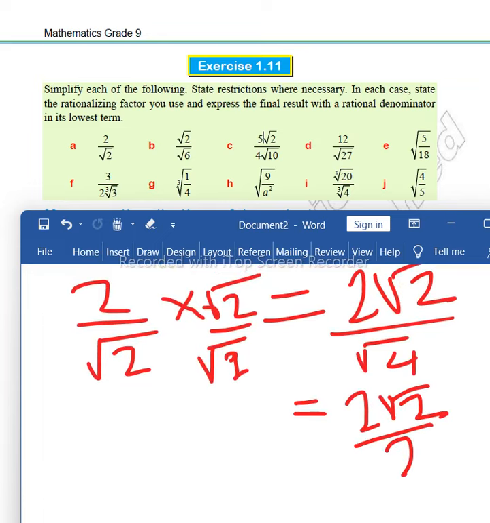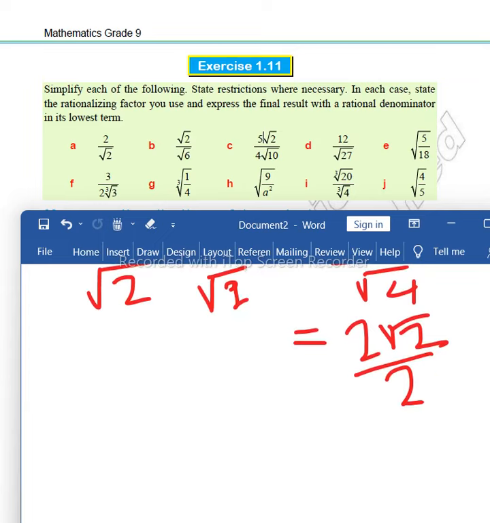The 2 is cancelled by 2. So the final answer for A is square root of 2.